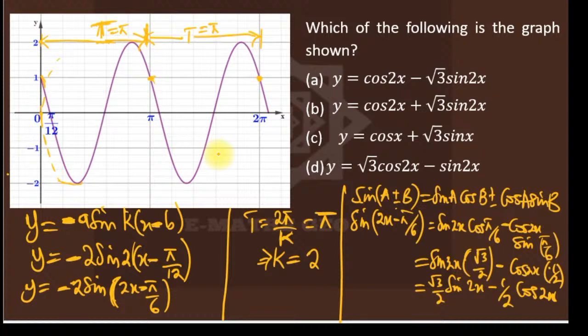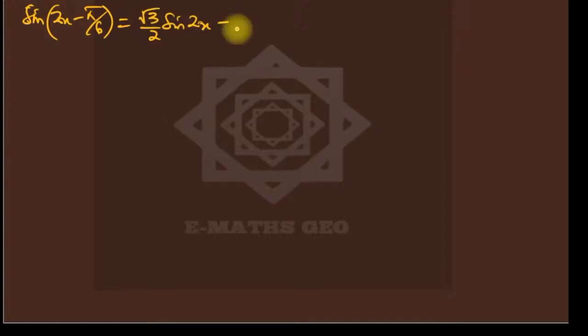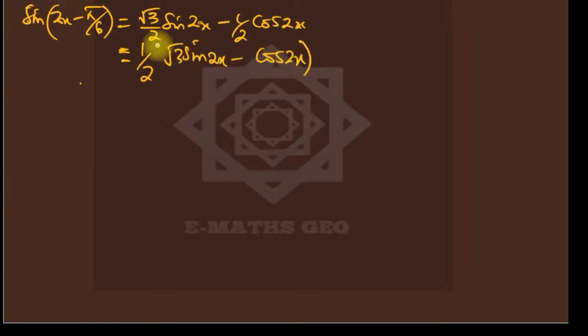So sine of 2x minus pi over 6 is equal to root 3 over 2 sine 2x minus half cos 2x. If we factor half, I have root 3 sine 2x minus cos 2x.